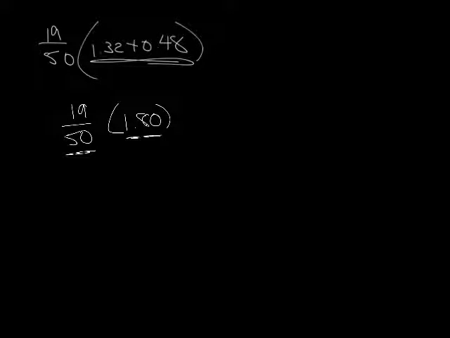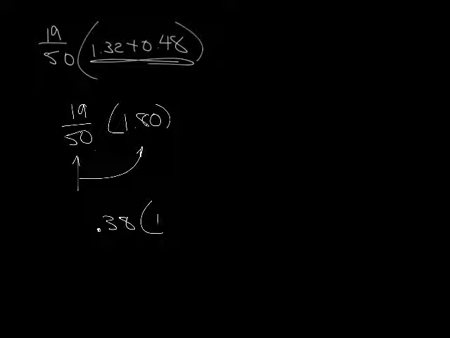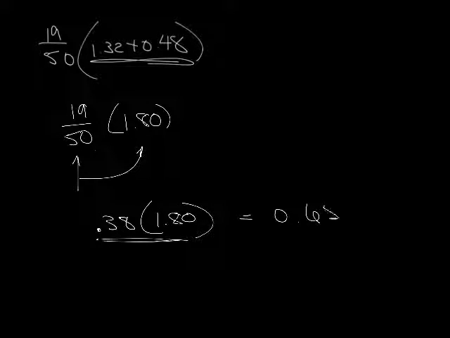If you've got your handy-dandy calculator, the easiest thing to do would be to change this to a decimal and then multiply it by this decimal, because your calculator will very quickly change it. You just do 19 divided by 50 and you get 0.38, and then multiply that by 1.80, and that's going to equal 0.684.